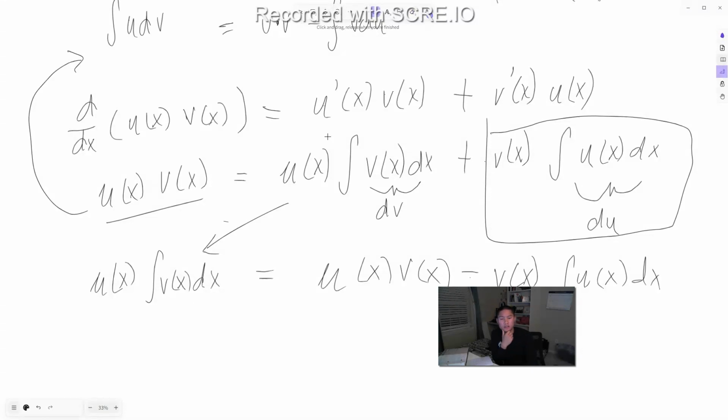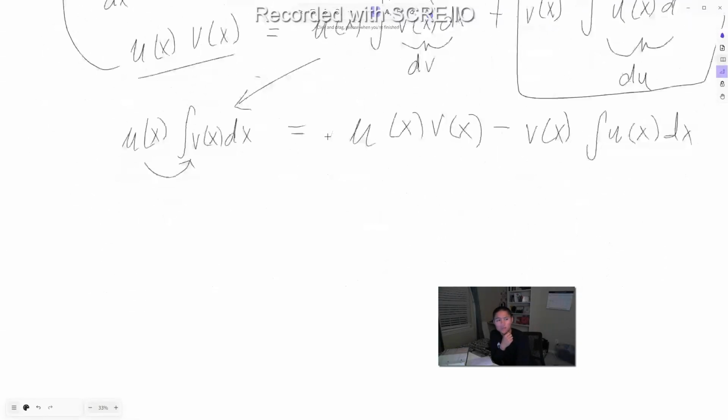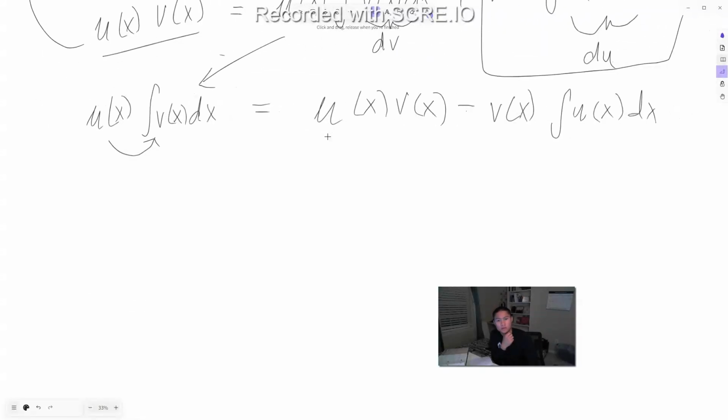Since these will be just regular constants in the end, we can plug it back in. Let's move down a little bit. So we're going to be left with the integral of u dv. Remember, this will be dv.